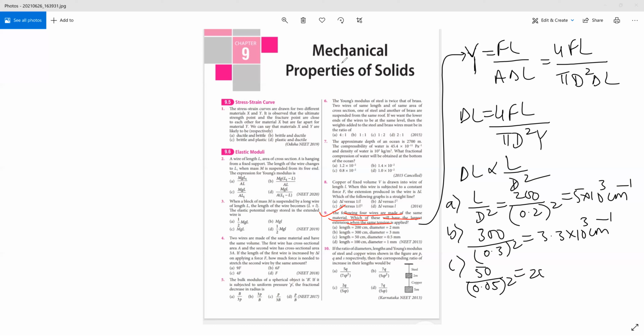So that is 20 into 10 to the power of 3 per centimeter. For fourth option, 100 divided by 0.1 whole square is equal to 10 into 10 to the power of 3 per centimeter. So delta L is maximum in C. So therefore, for ninth one, C one is the right answer.